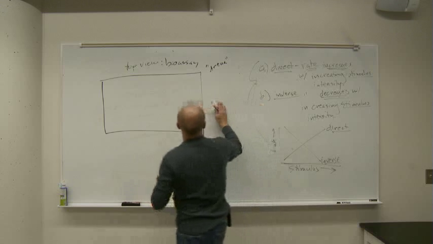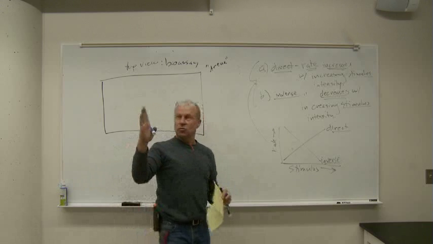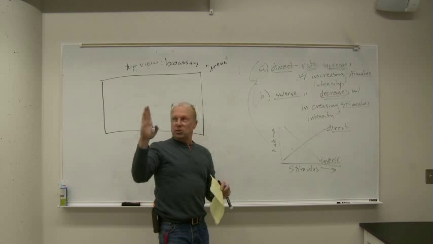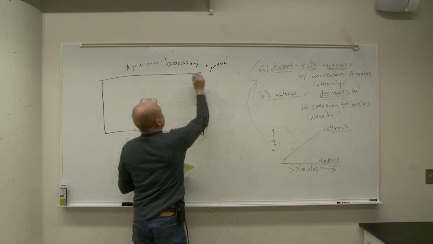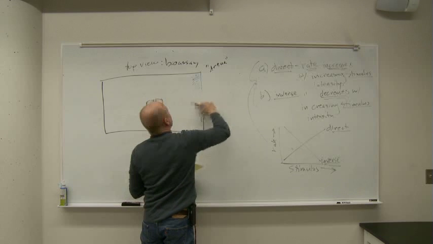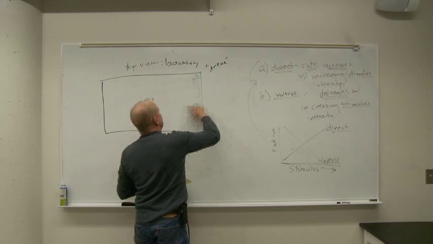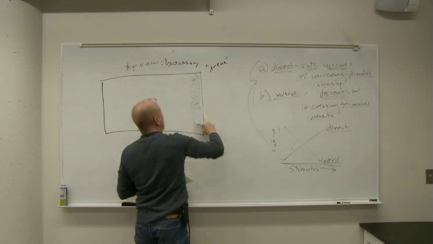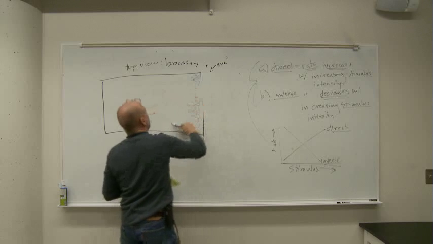And suppose that we can create a gradient, some sort of a smoothly changing range in humidity. I'll try to shade this thing. Let's say that this end of the arena is really, really humid. And then progressively we get less humid.